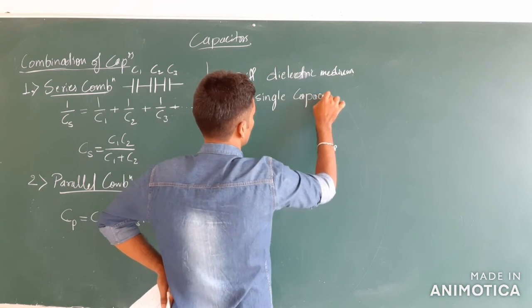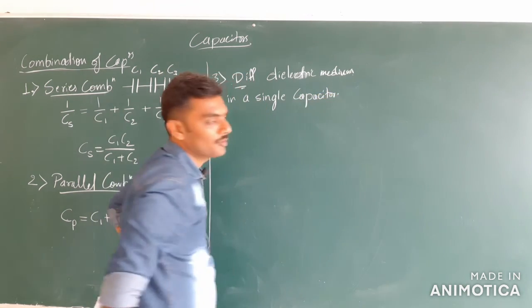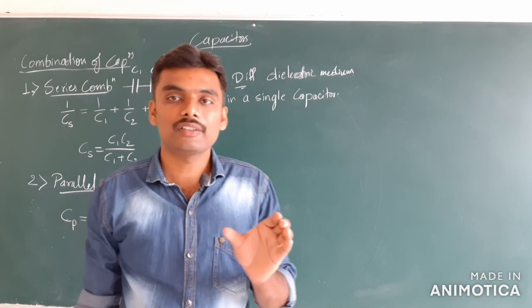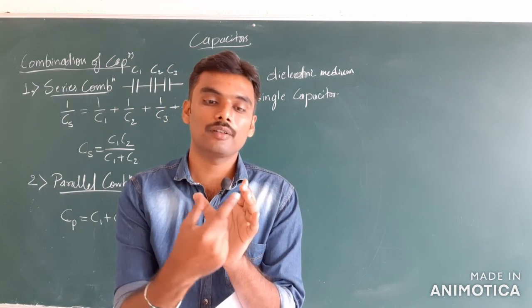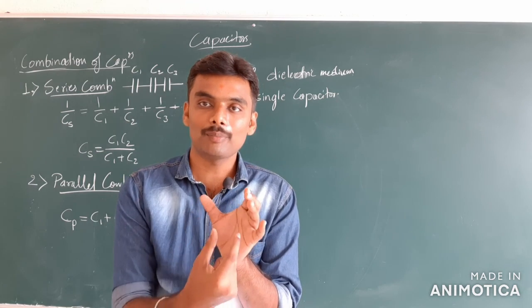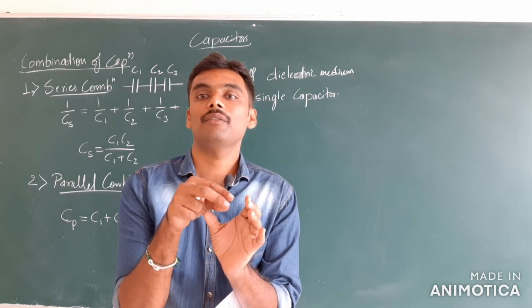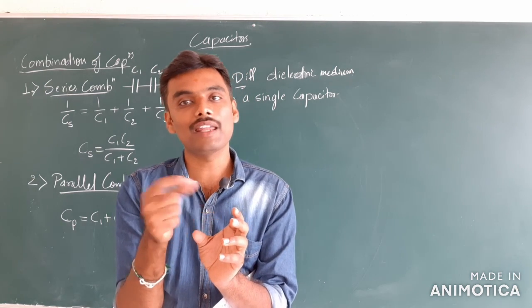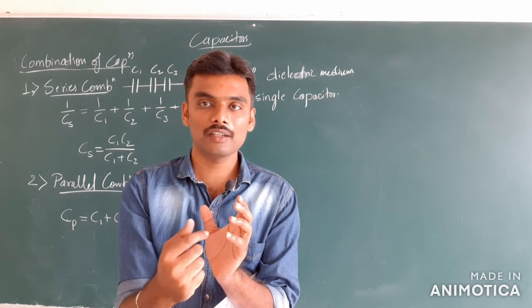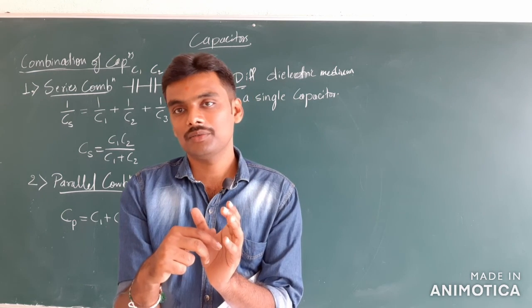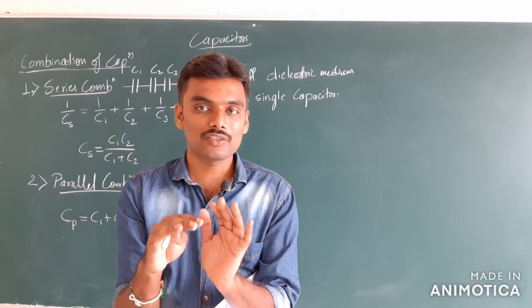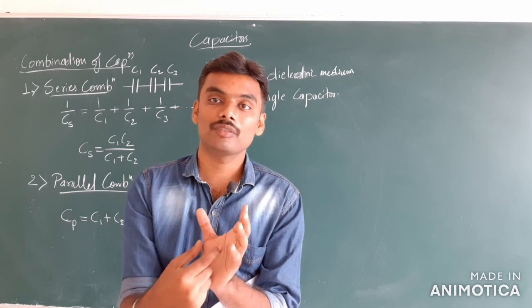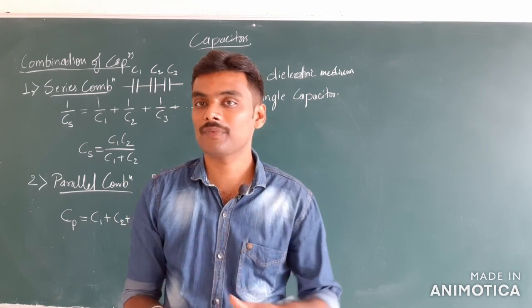So far in the board syllabus, what we have discussed is a capacitor where the space between the plates has a single dielectric medium, either air or any other medium filled in it, right? But now it's not mandatory that it should remain the same. We can fill different mediums inside the space.